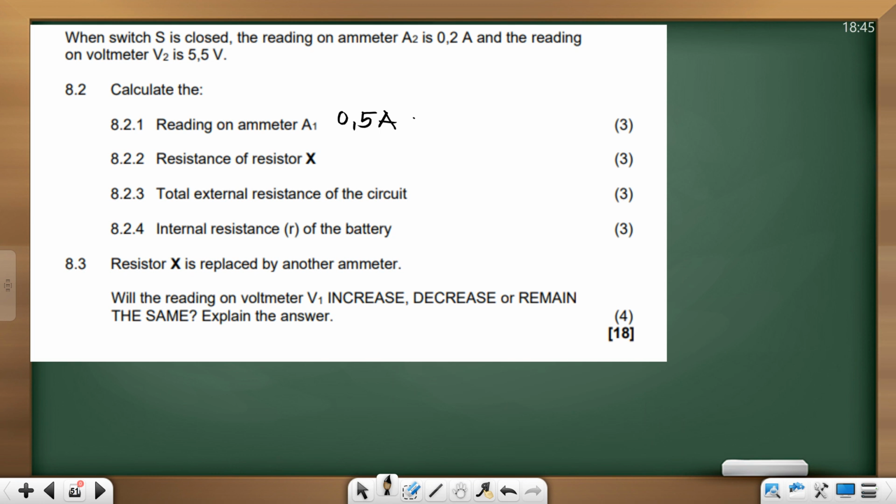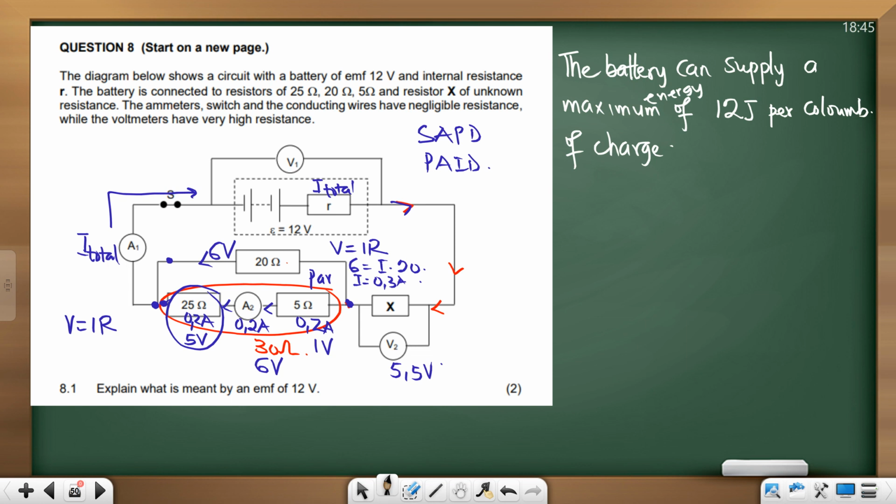Calculate the resistance of resistor X. Go back to your diagram, everybody. Do we know the current that is now passing through X? We said it's the total. What is it? 0.5. Are you aware the only thing missing is resistance? What's your formula? V equals to what? IR. Do you know your V? 5.5. Do you notice that it is easy when I write all the information and you are just speaking it now? But you are going to be smart.